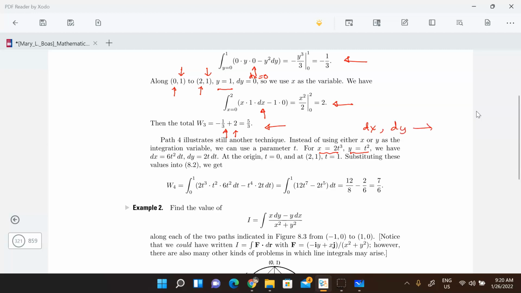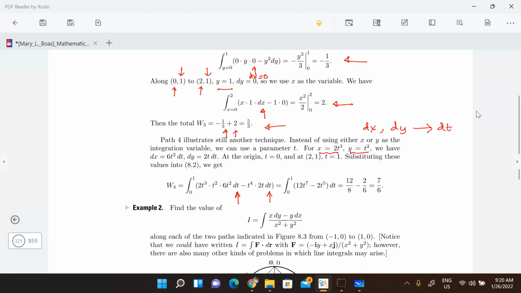So, one can convert this into dt. Okay, so again, the final integral will be only with respect to this dt. And then that's easy enough for you to do.